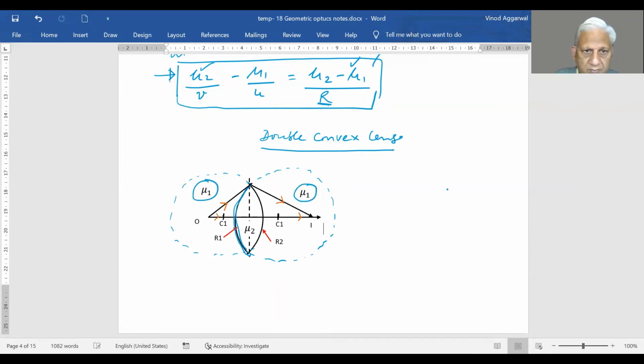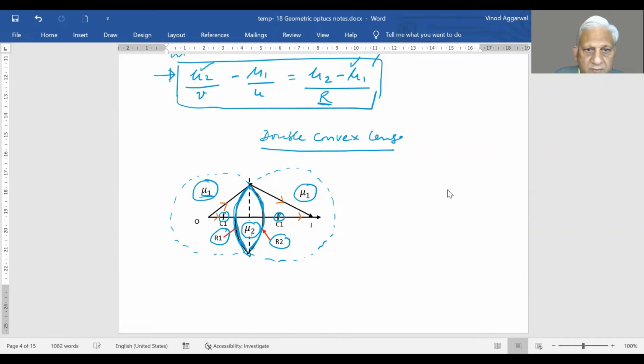This is, let us say, here, same mu, and mu of this material, let us say glass or whatever, is mu2. This surface has a radius of curvature r1, this one. This surface has a radius of curvature r2, and this is their respective C. This will be C for this surface.